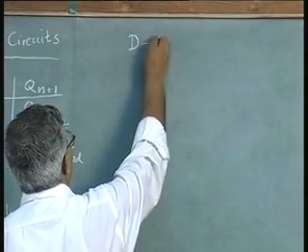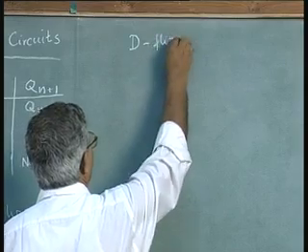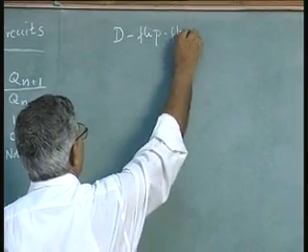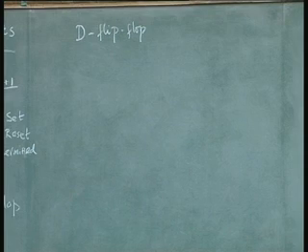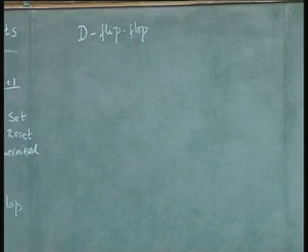We will call it D flip flop because once we have already introduced the clock concept, we can continue to call all the other circuits as flip flops. We will always have to mark a clock input.